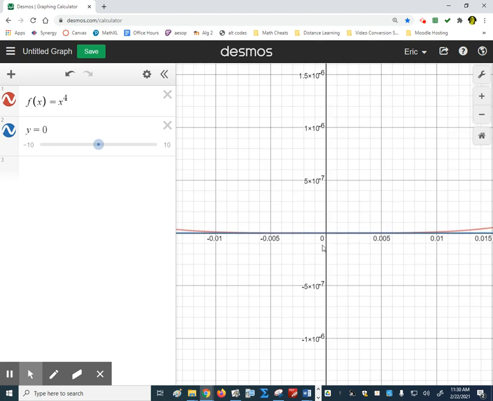If I zoom out a little bit, I can see that this thing is curving up and the tangent does sit below the curve, right? So it really does effectively have upward concavity at 0, right?